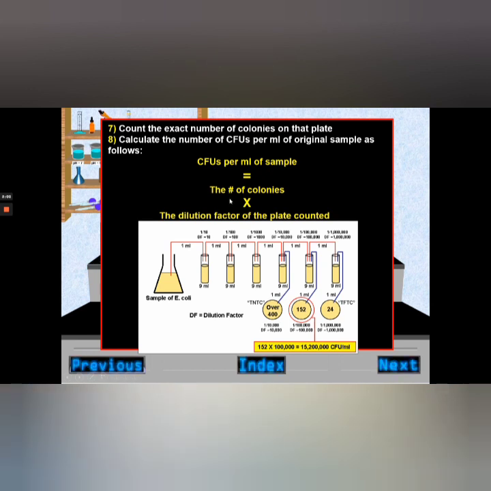So we will be counting the colonies between 25 to 250 or 30 to 300, and multiplying by the dilution factor of the plate count, which will be like 1 over 1000, like that, but we will count the last three only. So it will be like 1 over 10,000, 1 over 100,000. It will be like that.